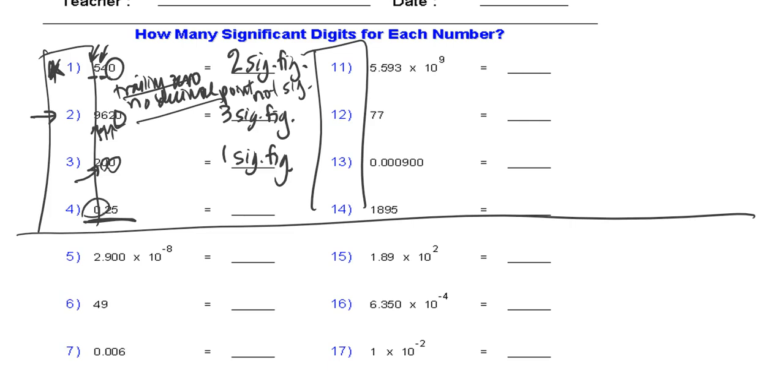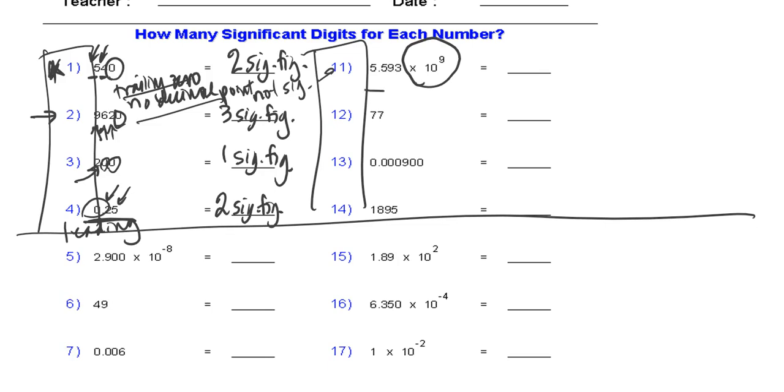Now if I take a look at number 4, the number 0.25, right here I have a leading 0, and leading zeros are never significant, but the 2 is and the 5 is, and so in 0.25 I have 2 significant figures. Let's look at number 11. Now, if I have a value that's expressed in scientific notation, I don't worry about the exponential part of the number.